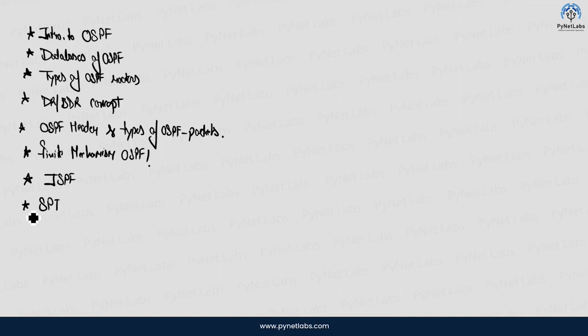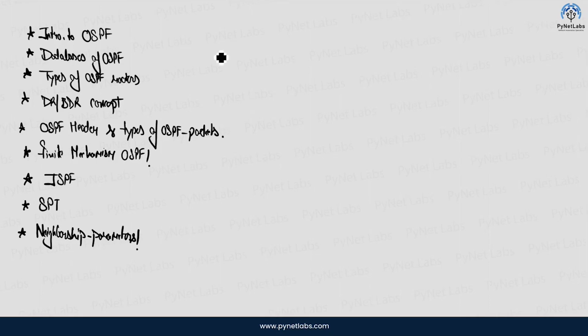What is the sense of SPT and SPF, and what is the functioning of OSPF? What are the neighborship parameters? These are a few things, guys, which we are going to see as per our OSPF section.